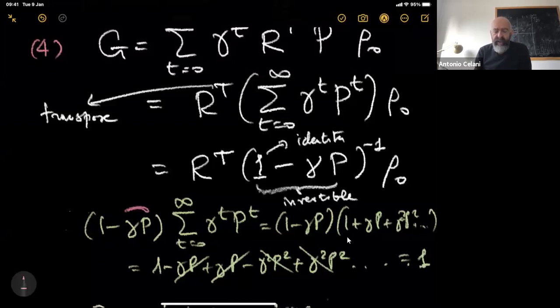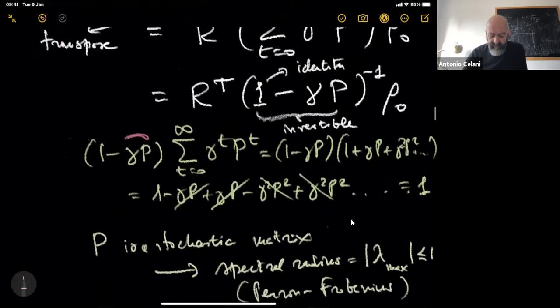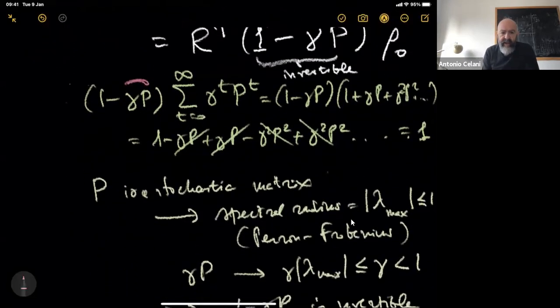Well, the convergence is guaranteed if gamma P is less than 1. So how do I replace this notion of gamma P being less than 1 for a matrix? Rather than saying gamma P is less than 1, I have to make a statement about the eigenvalues of this matrix. And here is when the fact that P is a transition probability becomes important. When I say that P is a stochastic matrix, this means that P_{S'S} is a transition probability.